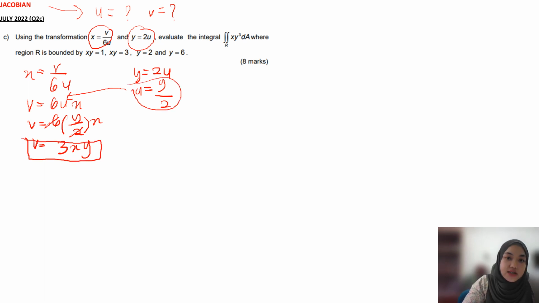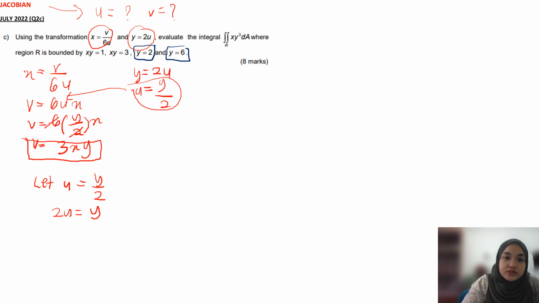Next, you have to find the interval. First, we let u equal y over 2, so 2u equals y, because we want to match with y equals 2 and y equals 6.